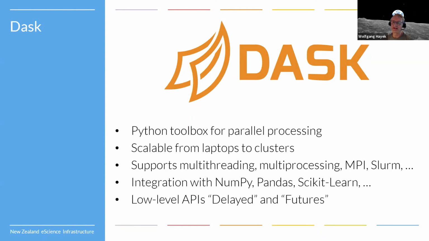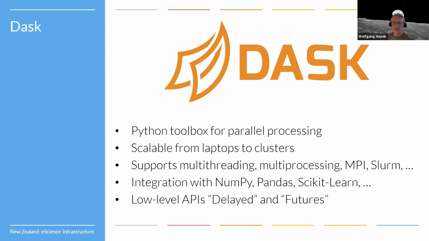You can just use the usual methods for adding, subtracting, averaging, whatever you have, and Dask does all the parallelization effort at the back end, so you don't actually have to do anything. Same with Pandas for data frames, or for scikit-learn, where the different machine learning engines also integrate nicely with Dask.